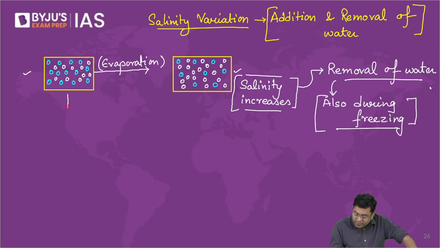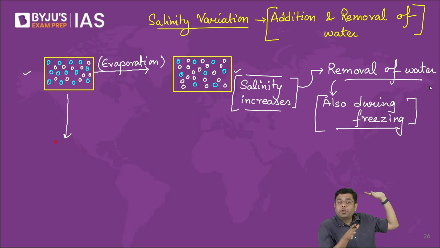Let's consider another situation here. All those who are having the doubt that, but the salt is dissolved in water, so if the water goes, where does the salt go? Nowhere it is said that the water is completely saturated with salt. Water has got much more capacity to take in salt. Some amount of that water evaporates.